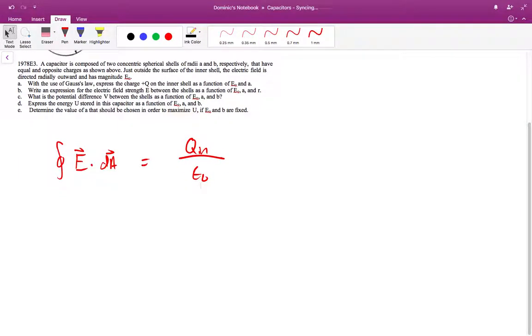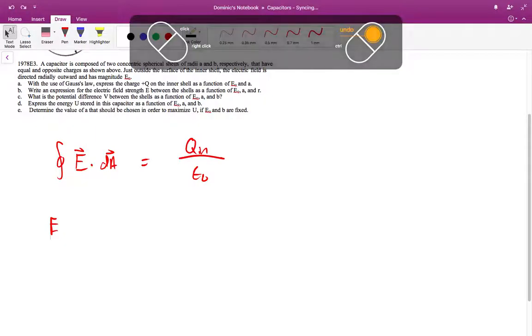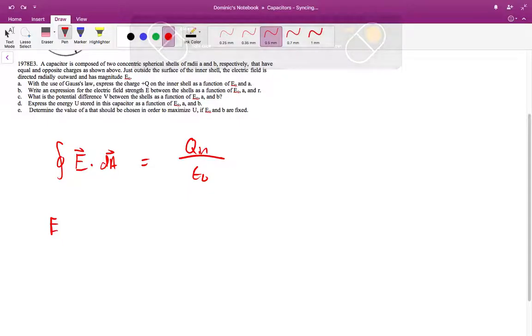Okay, and typically we would end up with electric field times the area of our Gaussian surface, so the area of our sphere. This equals Q inside over epsilon naught, which the amount of charge inside of that is just Q over epsilon naught.